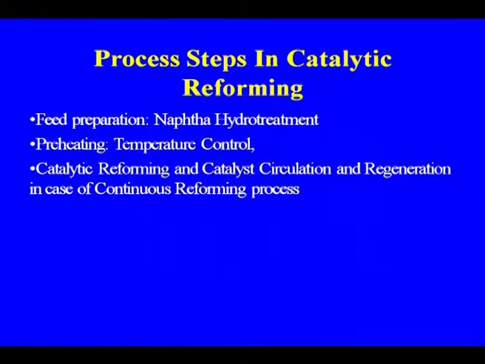Another important step is preheating and temperature control, because the major reaction taking place in catalytic reforming is endothermic. So, we have to provide heat, and for that in each stage we have inter-stage heaters.